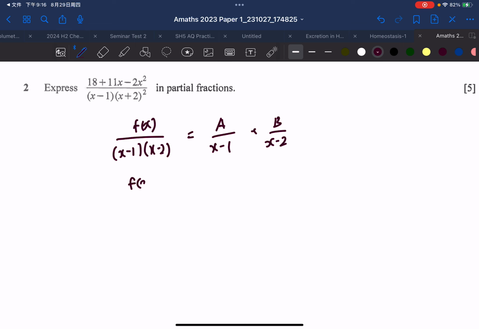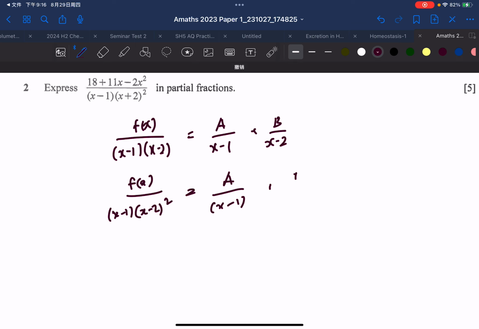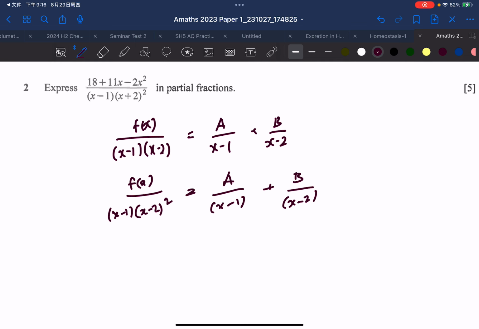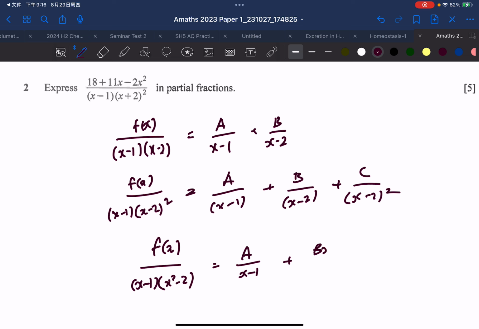Let's say it is f(x) over (x minus 1)(x minus 2) squared. It will become A over x minus 1 plus B over x minus 2 plus C over (x minus 2) squared. Last case, f(x) over (x minus 1)(x squared minus 2). It will become A over x minus 1 plus (Bx plus C) over (x squared minus 2).